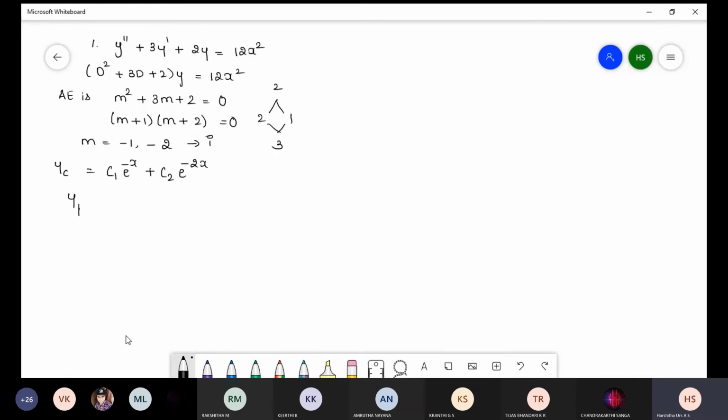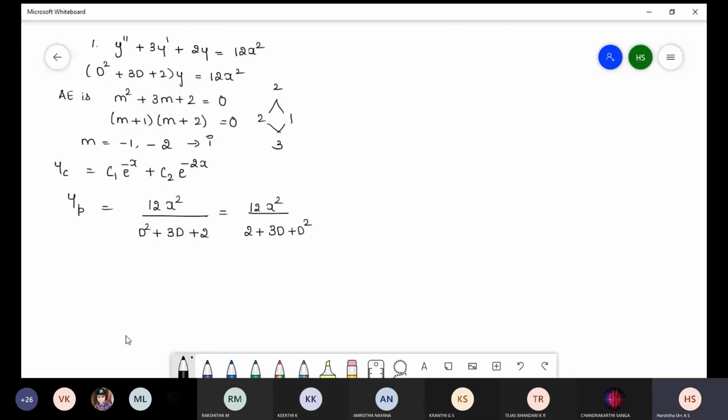Now comes yp: 12x square divided by d square plus 3d plus 2. As I told you, write it in the denominator. In the numerator we have only one term, so let it be as it is. While writing the denominator, it should be from lower to higher: 2 plus 3d plus d square.